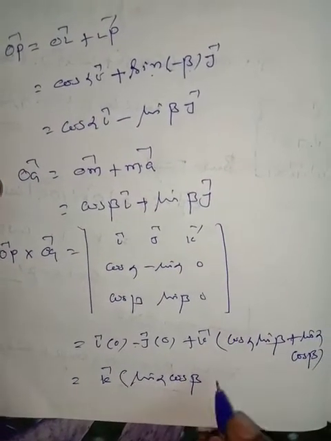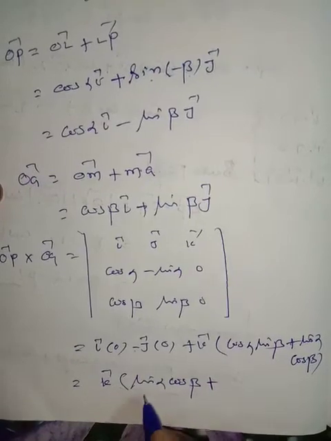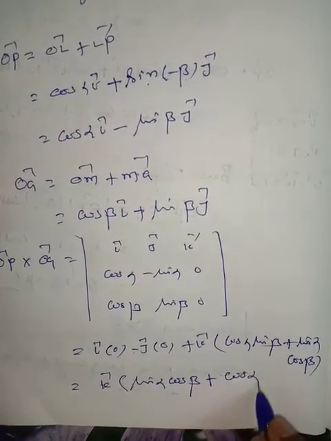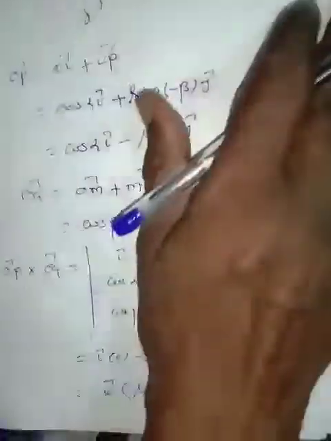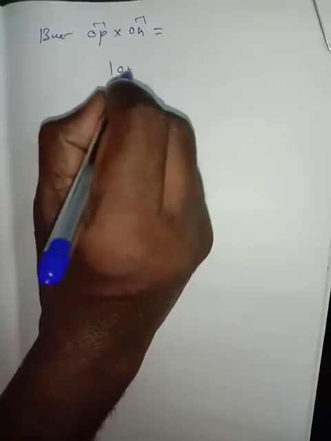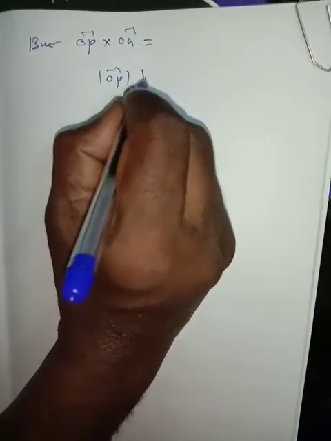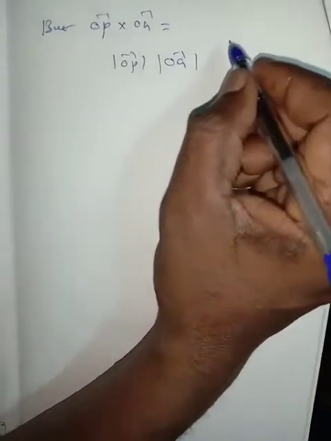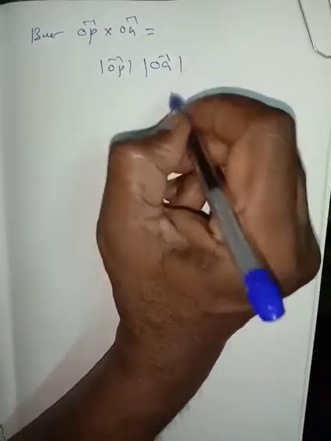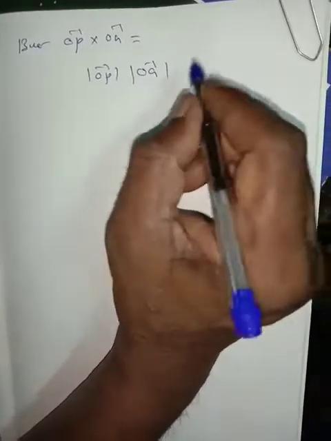Which is equal to k vector, sin alpha cos beta plus, interchanging, cos alpha sin beta. This is equation number 1. But OP vector cross OQ vector is equal to the magnitude of OP vector into the magnitude of OQ vector into sin of the angle.